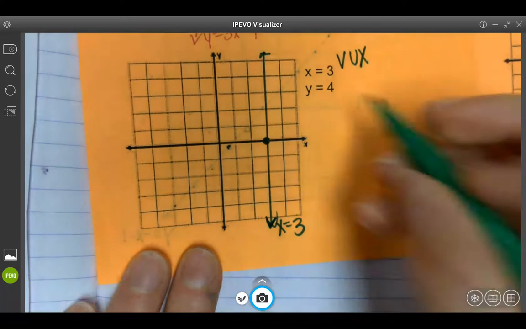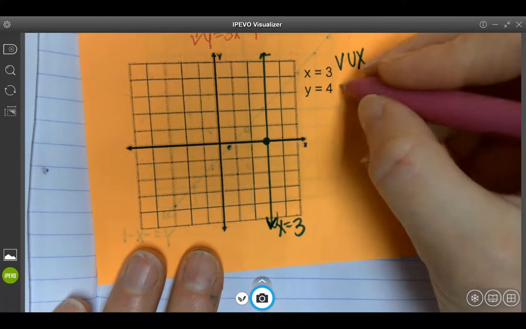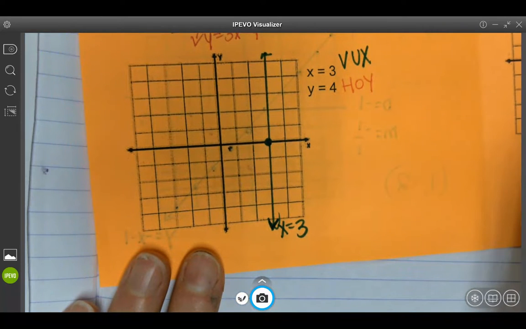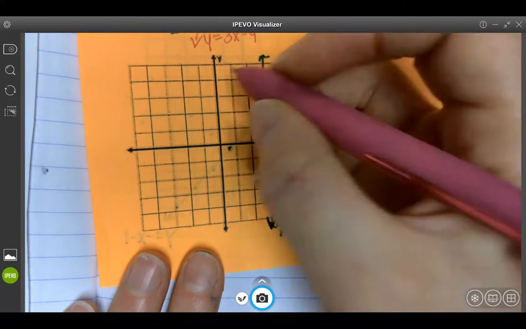Okay, and then the next one is y equals 4. So this doesn't have an mx either. So it's a horizontal line where y is 4. So go to the y-axis. Here's our y-axis. Go to 4.